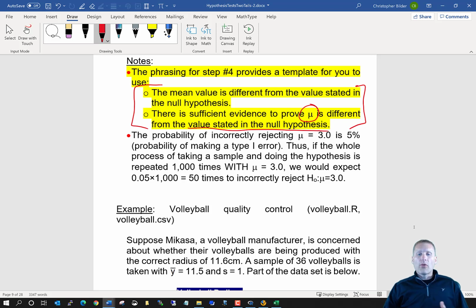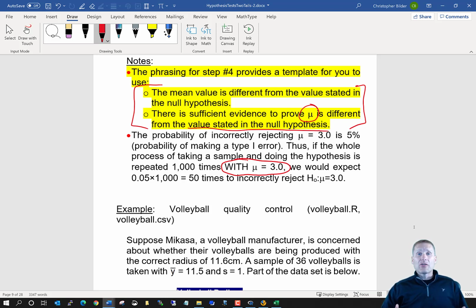Thus, if the whole process of taking a sample and doing the hypothesis test was repeated 1,000 times, where the null hypothesis was actually true in the population, which is how, as I mentioned earlier, we basically assume the null hypothesis is true first and then do the calculations, then we would expect 5%, in other words about 50 times, to incorrectly reject mu equal 3.0. This is how to interpret this type 1 error.